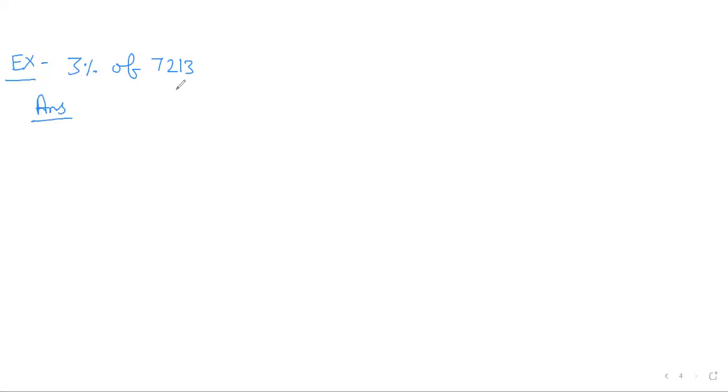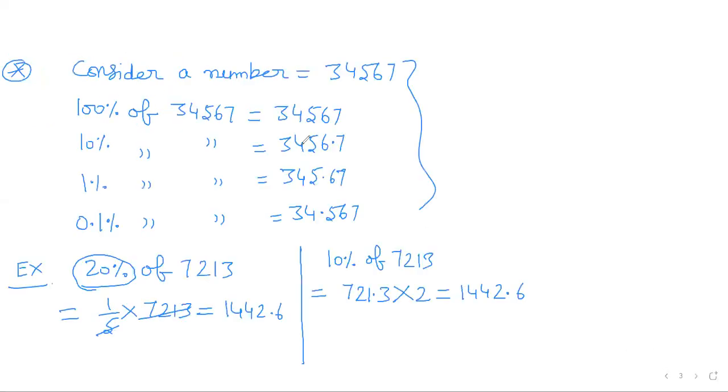What should I do? If we go through the long process, the basic method, like if we write 3 by 100 into 7,213, it's a lengthy process. Forget this. Just try to solve this question with the help of this application. Okay.